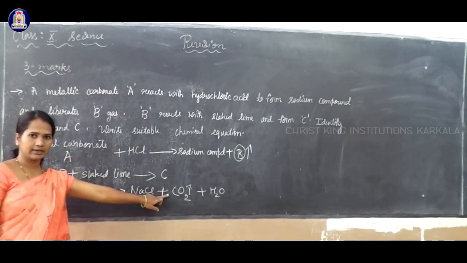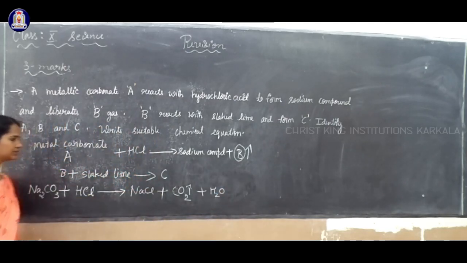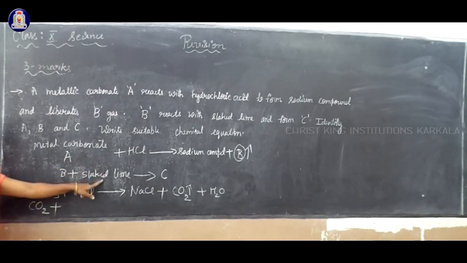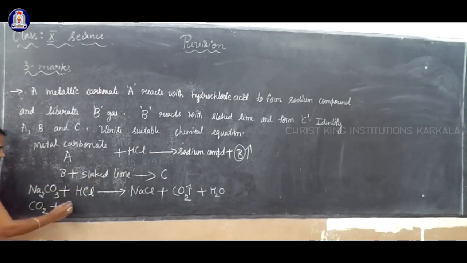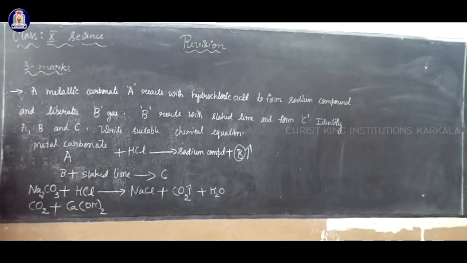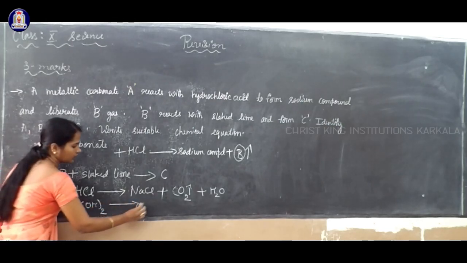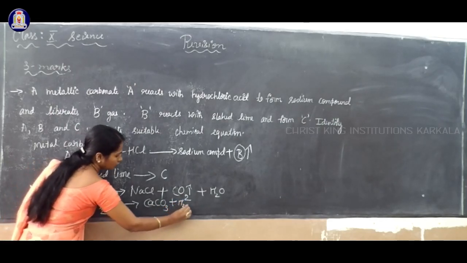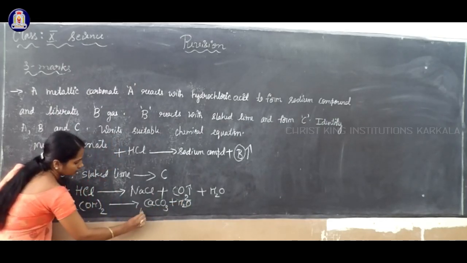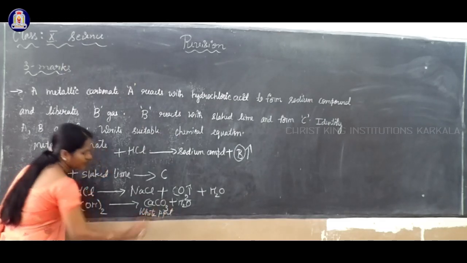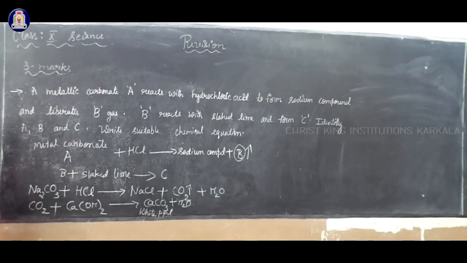The gas is carbon dioxide. This carbon dioxide gas, CO2, reacts with slaked lime. Slaked lime means calcium hydroxide, Ca(OH)2. We get the product CaCO3 plus H2O. This CaCO3 is the white precipitate. A white precipitate of calcium carbonate is obtained.